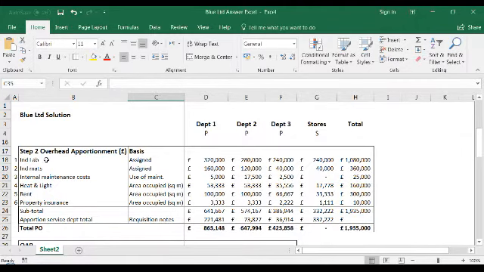Now indirect labor and indirect materials were already assigned, so we knew how much is coming from each department. We just use the information that was already given.